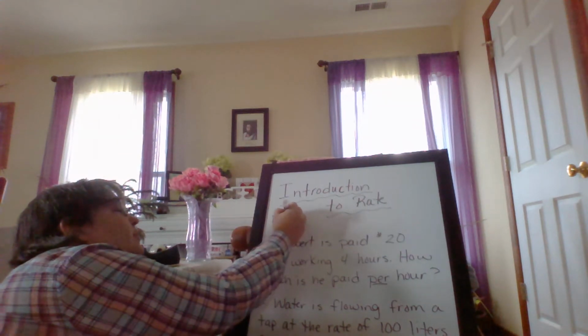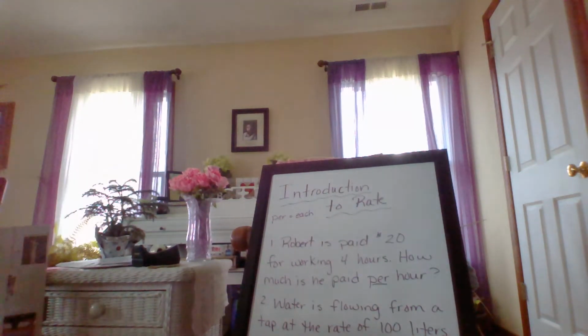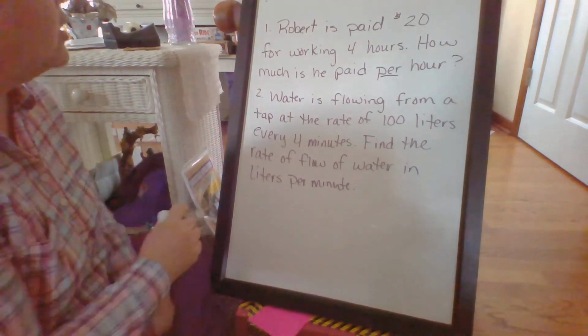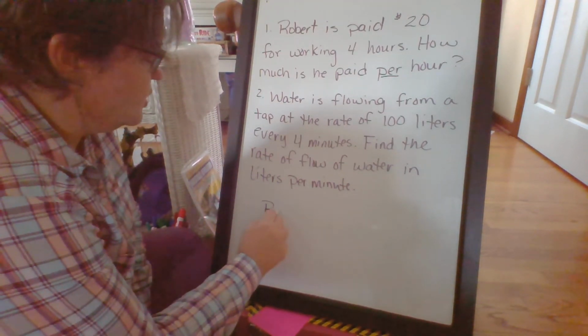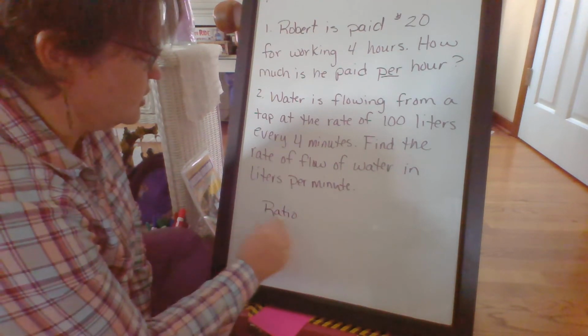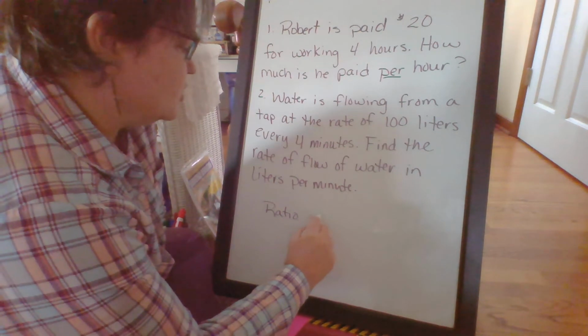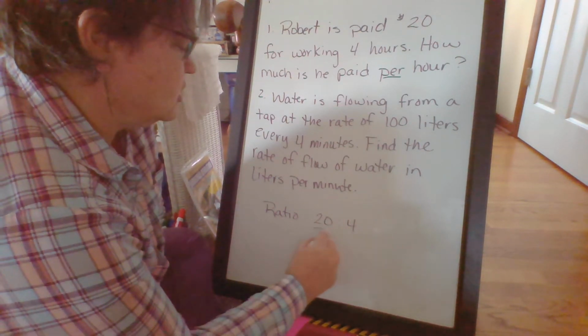Per means each. Okay, each hour. So let me move this down here. So I would say we could do this as a ratio if you want. Ratio, look, it's got the first 3 letters of rate in it. I could say he's paid $20 every 4 hours.